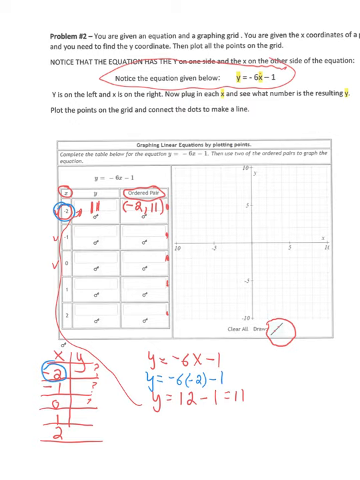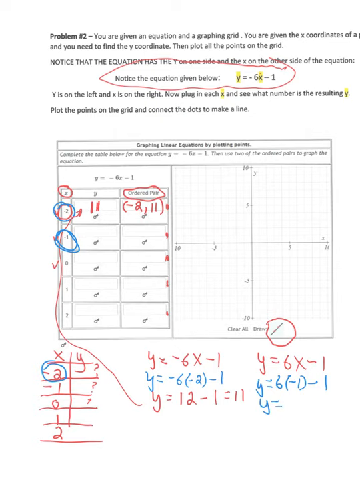So for the next one, I start back into my equation. This is a lot of substituting into equations and finding things. That's what this unit's all about. The next one is negative 1 on the table. They gave us half the table: the x's, and we have to find the y's.